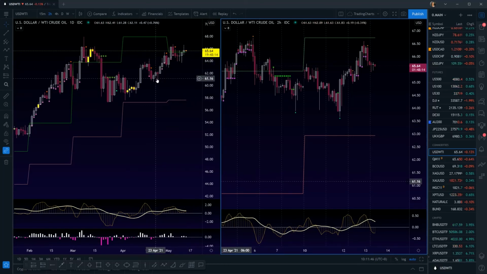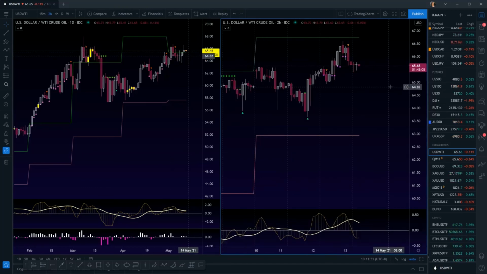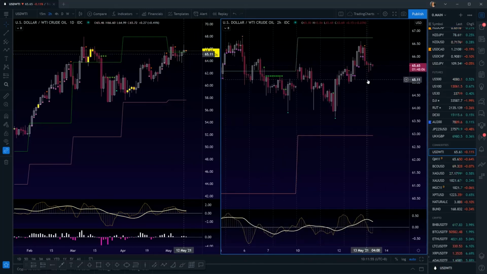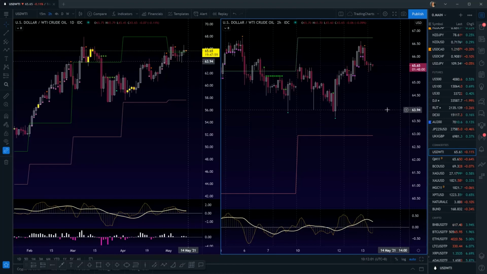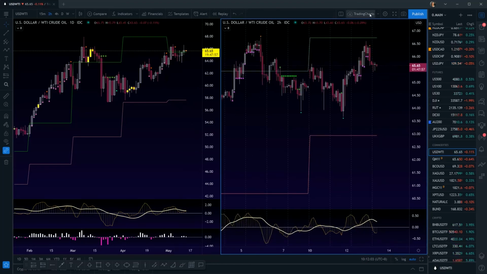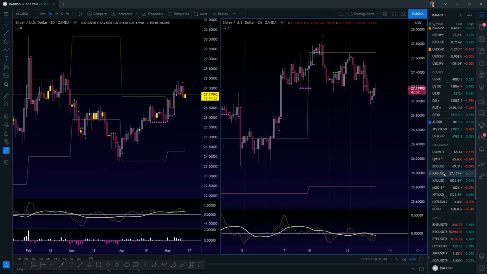We go up, down, up, maybe up here. This could be the target. But man, this is a bit deep for the pullback, and I don't quite like that. So if I don't quite like it, let's not trade it. Let's leave it. No harm. You don't have to force a trade.